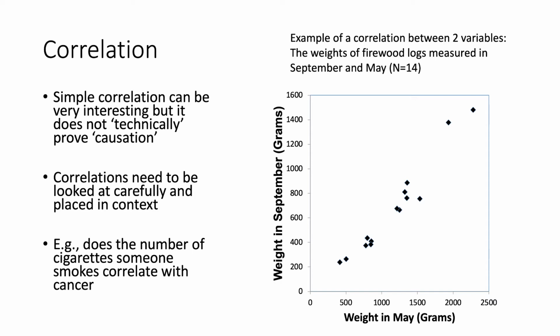So when people started to become concerned about the relationship between cigarette smoking and various types of cancer, that began as a correlation. People that smoked more tended to get more cancer, and the tobacco industry, of course, would have said, well, that doesn't prove causation at all. You need to be able to experiment to be able to prove causation.